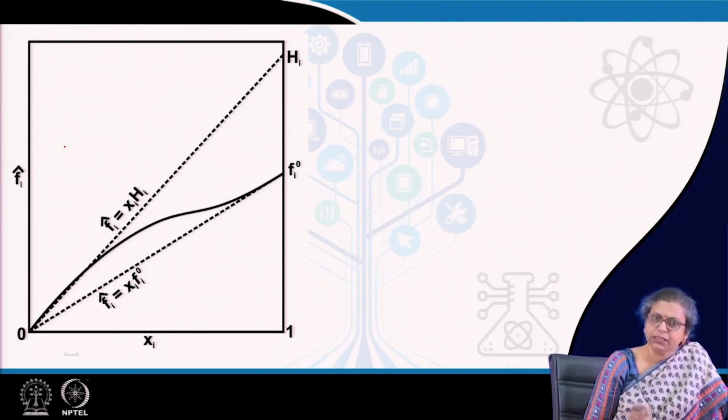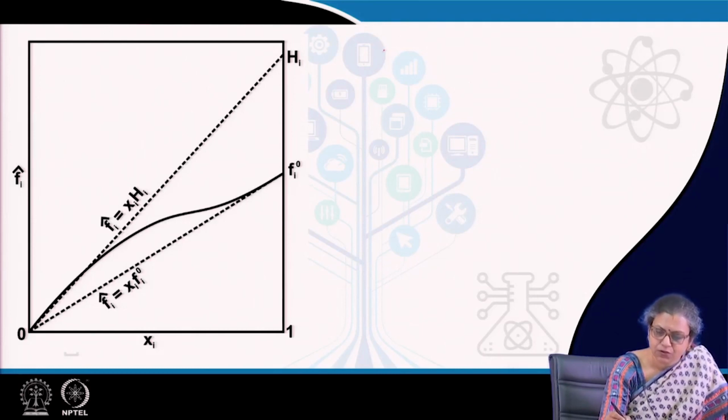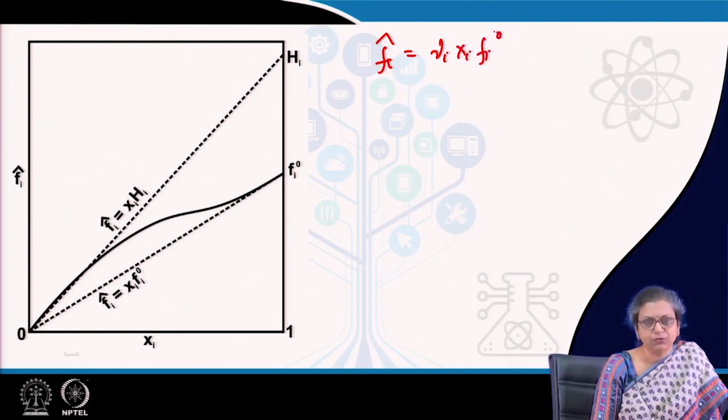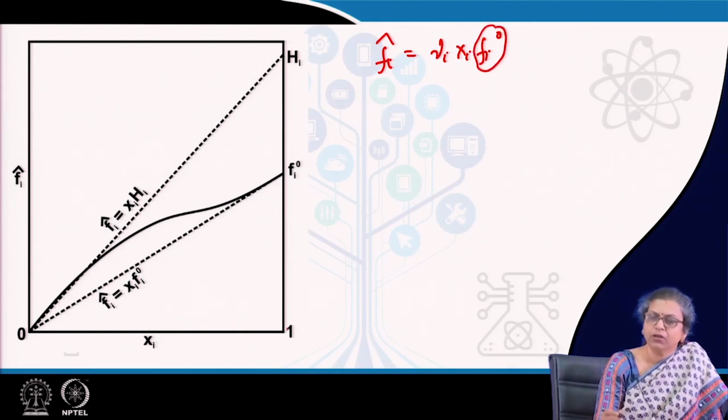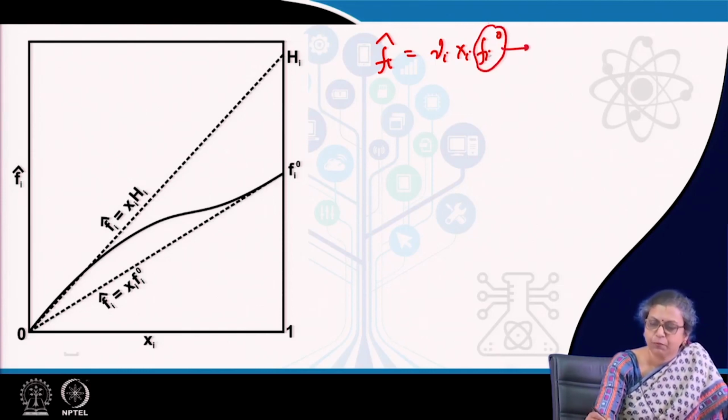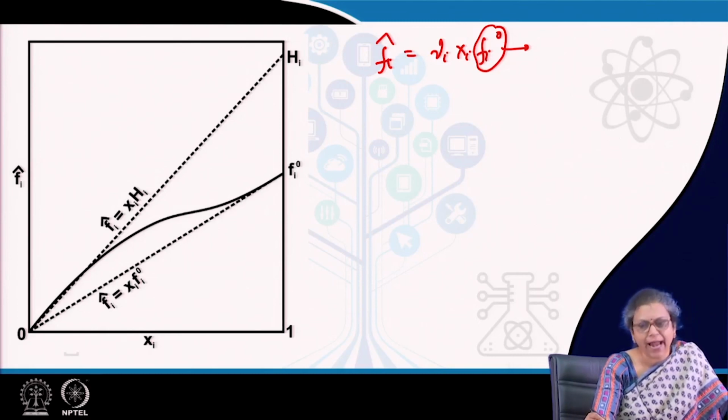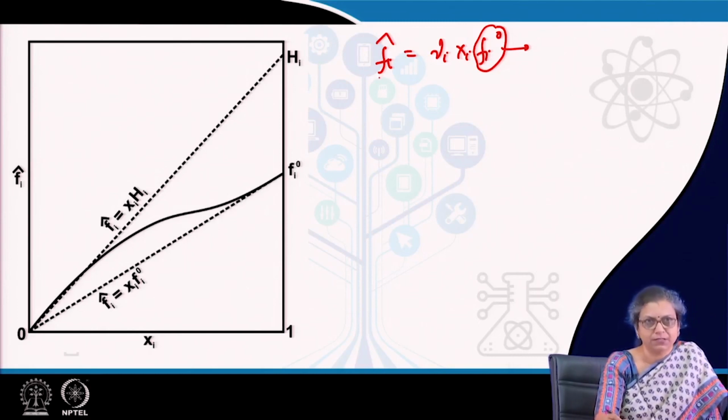And then what we did, we assumed the ideal solution model, and then we modified the ideal solution model, fine. So, if we consider the modified form of the ideal solution model, this was the solution. Finding out Fi0 was not at all a problem, because this just corresponds to the pure component fugacity at the temperature and pressure of the system.